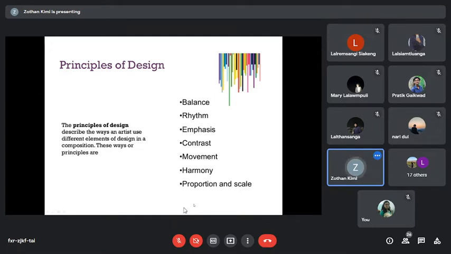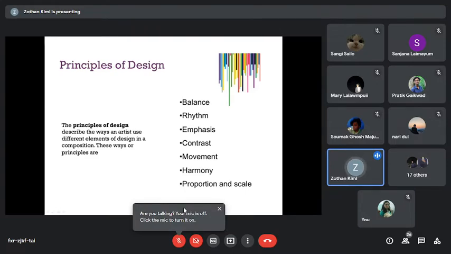Sangi Silo, can you tell me your full name? Larin Sangi. Okay. Sanjana. Present, miss. Somak. Present, ma'am. Shrihita, am I pronouncing it right? Yes, ma'am. Present.